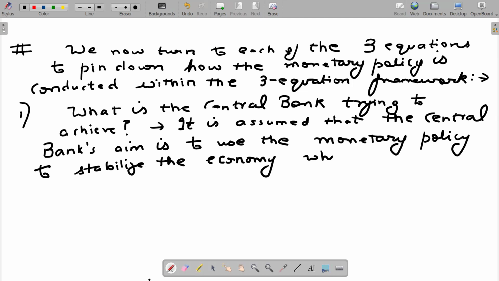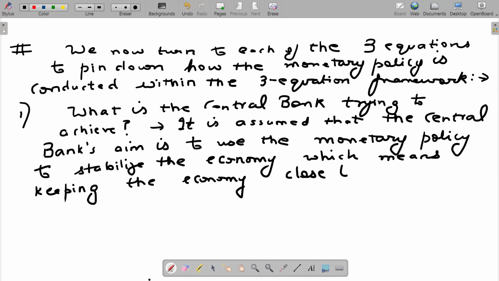Which means, what does stabilization mean? It means keeping the economy close to the equilibrium output.